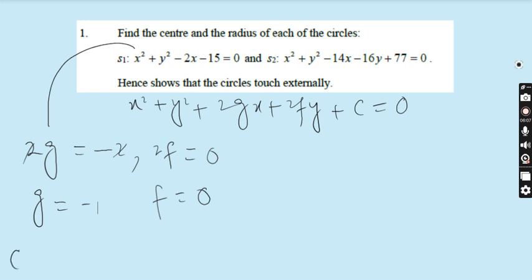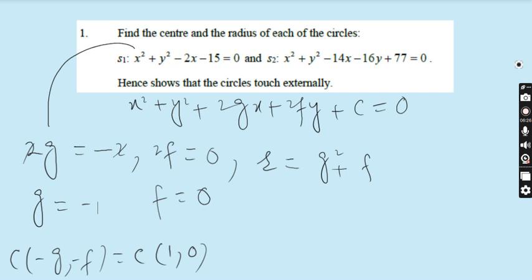The coordinates of the center are (minus g, minus f), so minus of minus 1 is plus 1, and minus 0 is always 0. Now we have to find the radius. What is the formula of the radius in the general equation of a circle? Root of g square plus f square minus c. Here g is negative 1 square, f is 0 square, and c is the constant term.